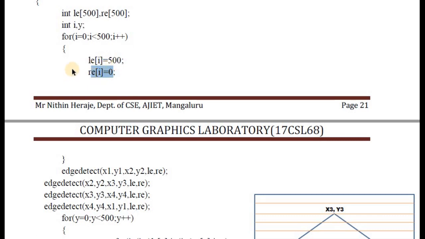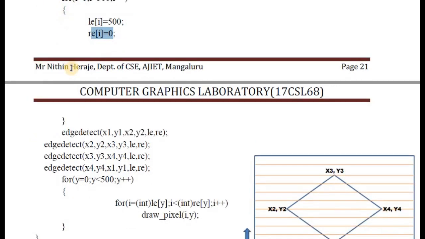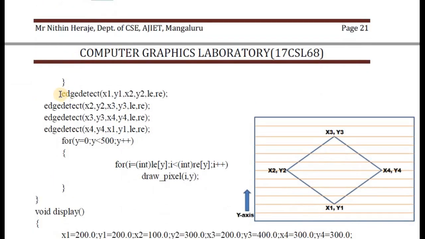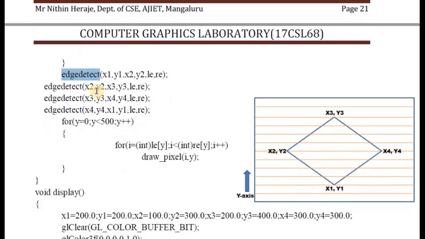So that means you're going to initialize the left edge at the rightmost point and the right edge at the leftmost point. After that, you're going to call an edge detect function. For the edge detect function, you pass the x1, y1, x2, y2 values, that is one edge.